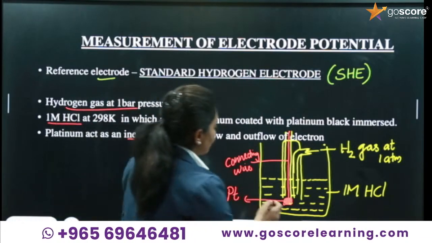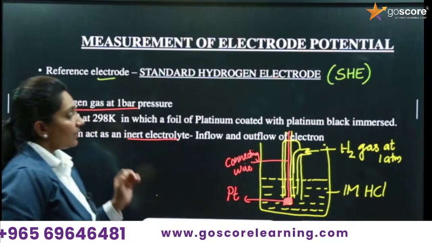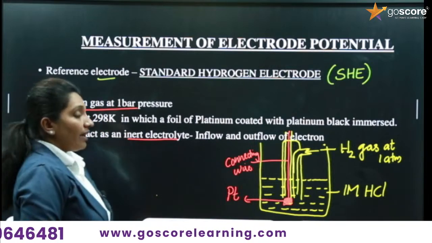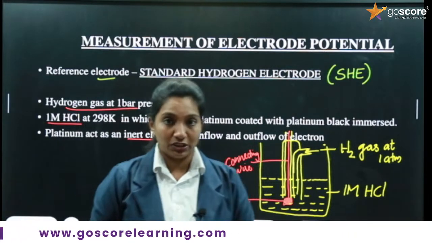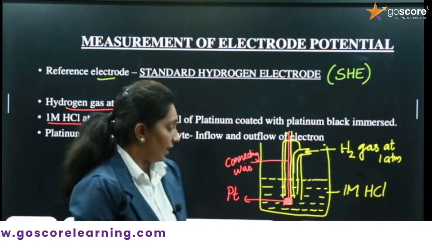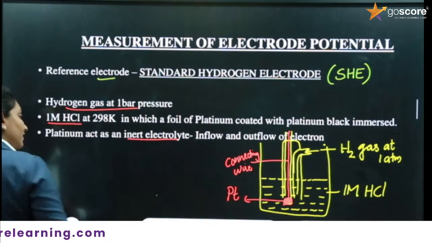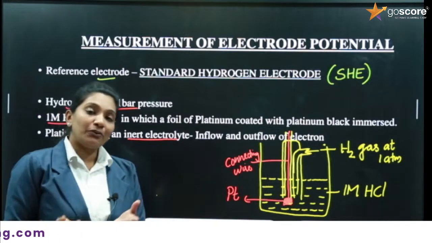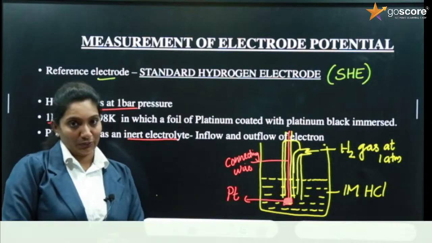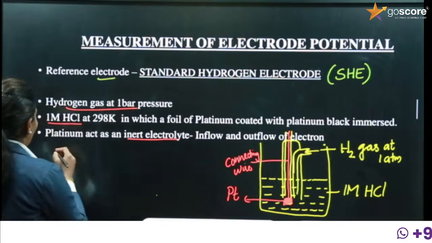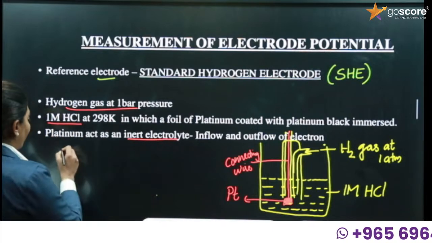That is the role of the platinum. This is the setup of a standard hydrogen electrode. The standard hydrogen electrode can act as both an anode as well as a cathode. Okay, see what happens if it acts as an anode.